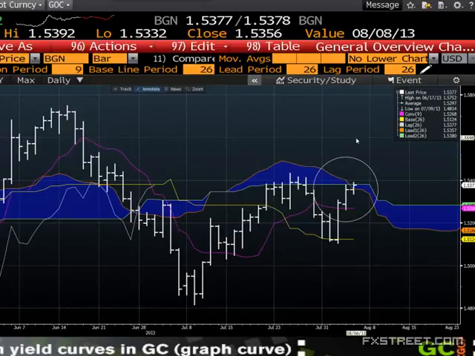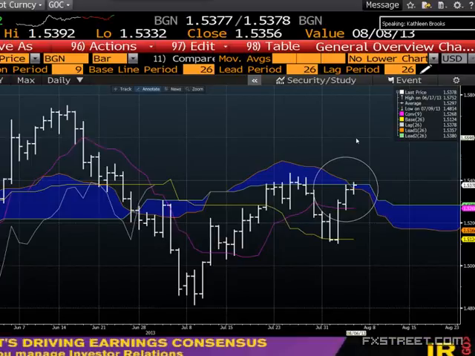So essentially, if we do see Carney and Co at the Bank of England give less aggressive forward guidance tomorrow than some expect, then that could be what propels us above this level. But there's certainly nervousness in the markets here.